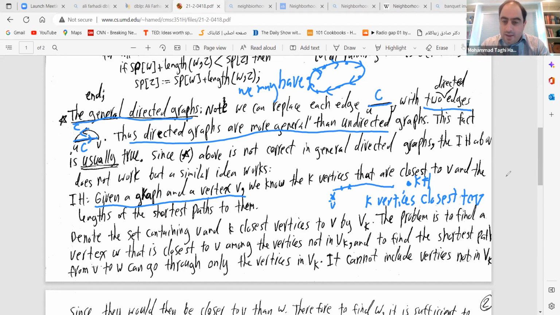Now consider this vertex v and all vertices that are closest to v. So this is v, and this is Vk. And this is the rest of V.